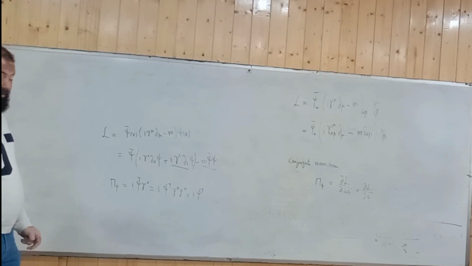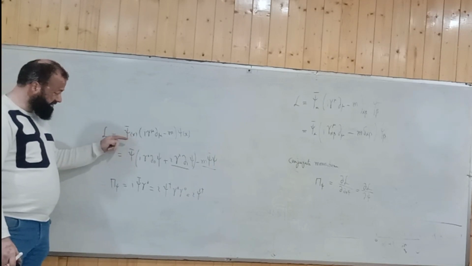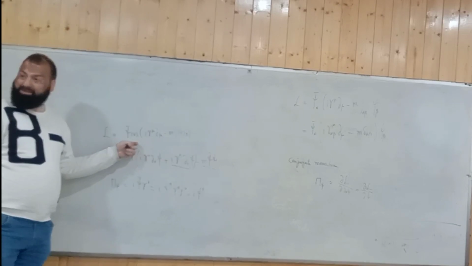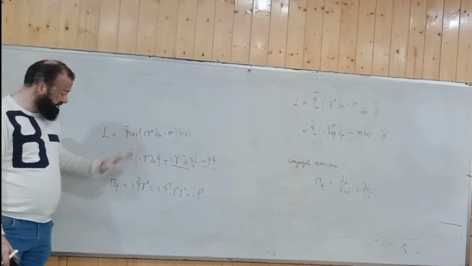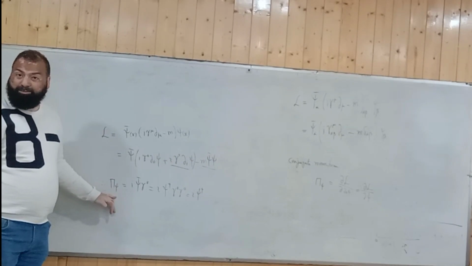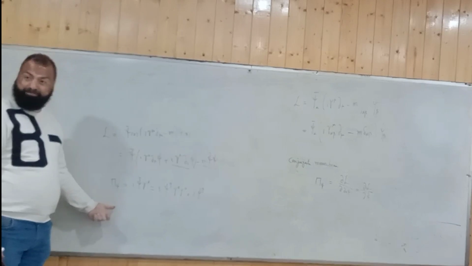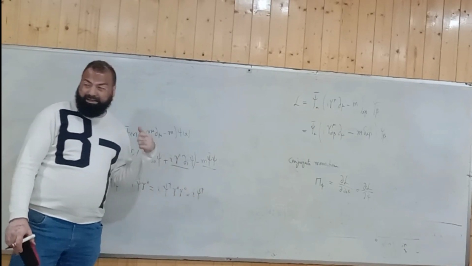Got it? Now, since there is an asymmetry in this Lagrangian, I have taken the derivative only on psi, no derivative on psi bar. That's why I can figure out from this Lagrangian only the conjugate momentum corresponding to psi. Now if you make this Hermitian, you will be able to figure out the one for psi bar, which is simply minus i psi.